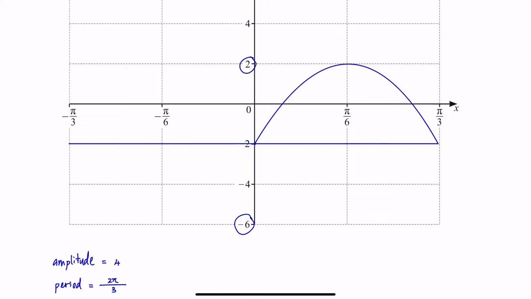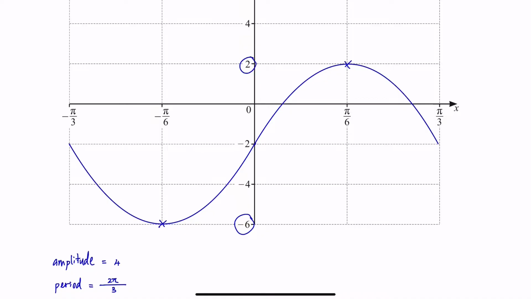So the right half of the graph looks like this, and for the left half, it should look like this. So we can see that this is the maximum and this is the minimum.